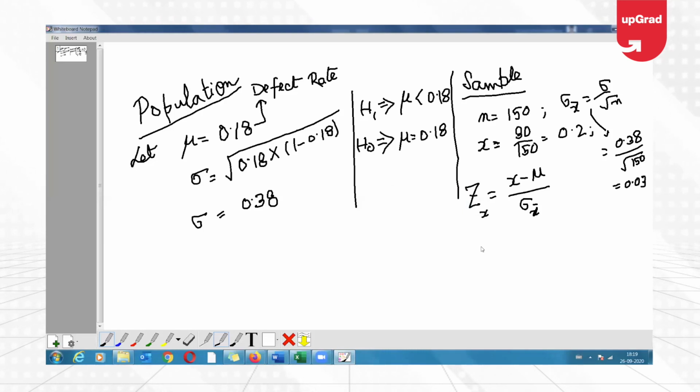So my z-score of 0.2 is x minus mu divided by 0.03.